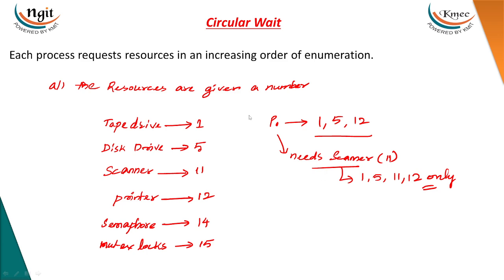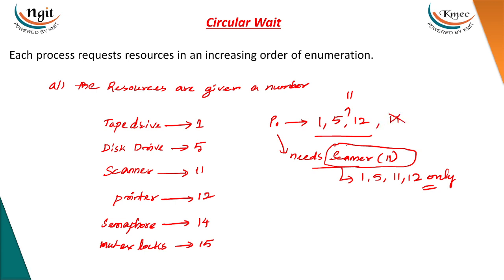So assume that P0 is holding 1, 5, 12, tape drive, disk, and printer, and after some time it needs the scanner. Because the scanner is 11, the order is not correct, it is not increasing order. After 12, 11 is not in order.